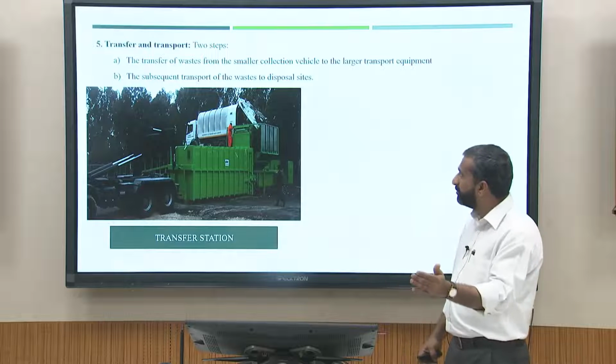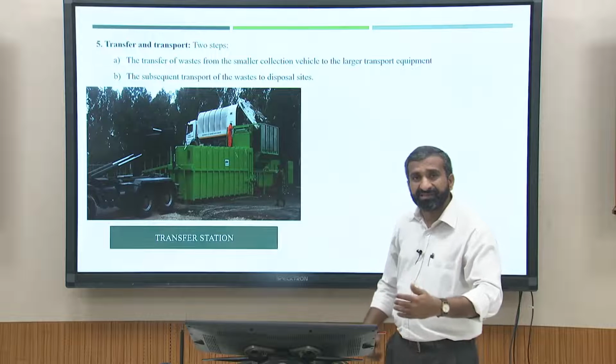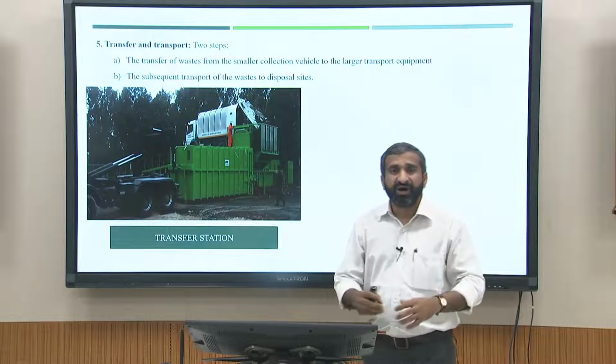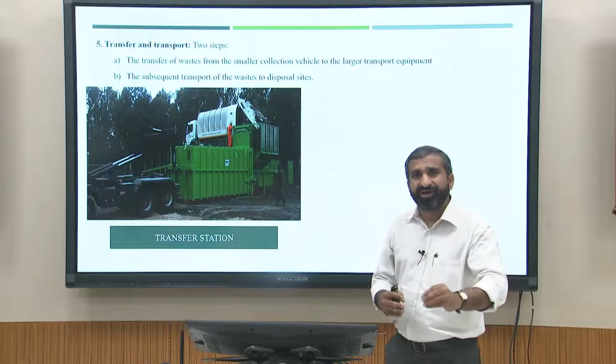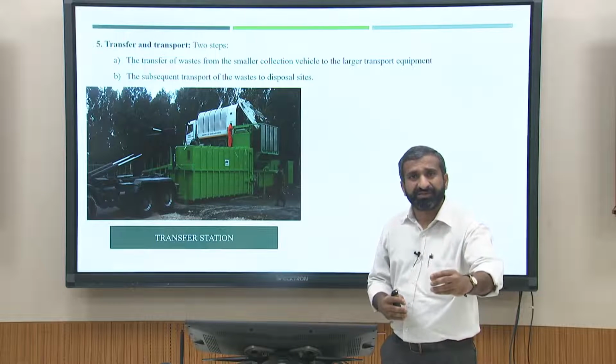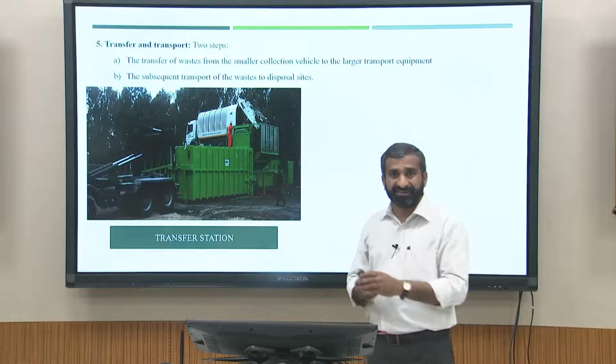So, what was the idea? If you allocate a few transfer stations inside the city or in the outskirts of the city, the smaller vehicles will collect the waste from the dustbin areas and dispose of it into the transfer stations.